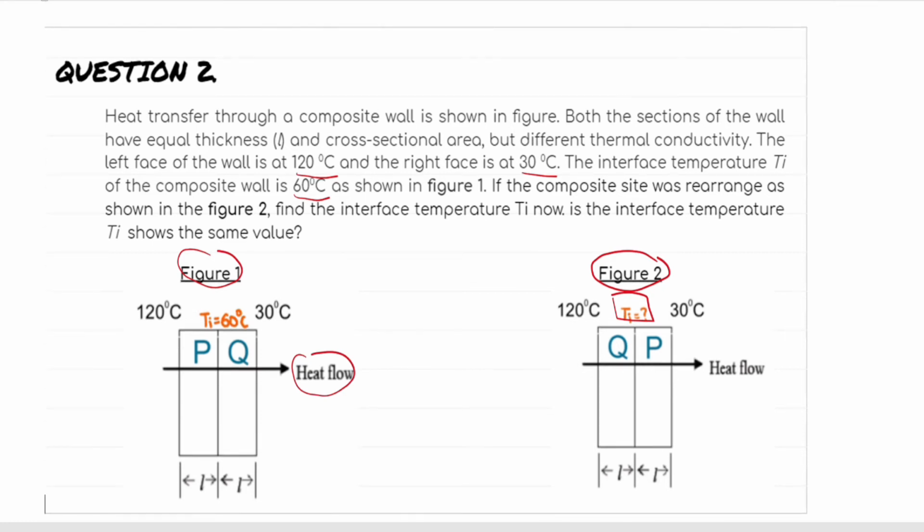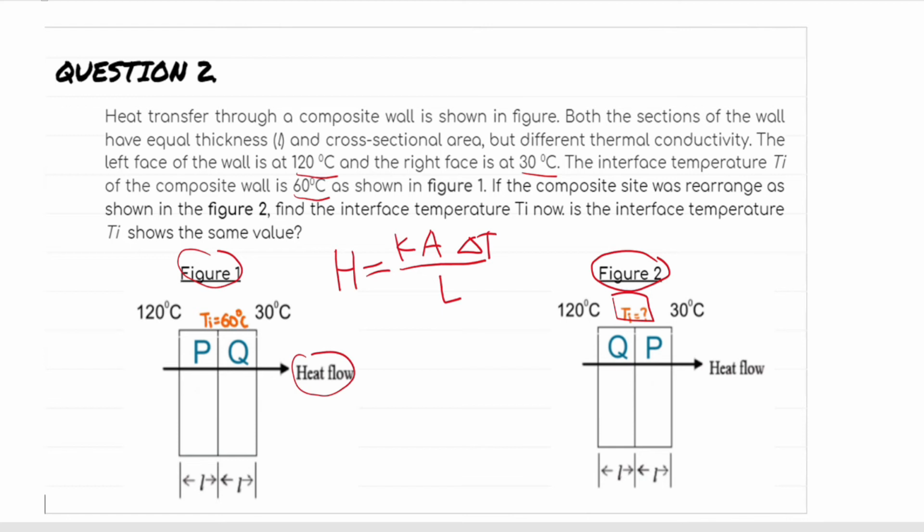Okay, to answer the question, first we need to recall the equation for heat flow rate for conduction, which is equal to K A delta T over L, with K the thermal conductivity, A the cross-sectional area, delta T the temperature difference, and L the thickness.